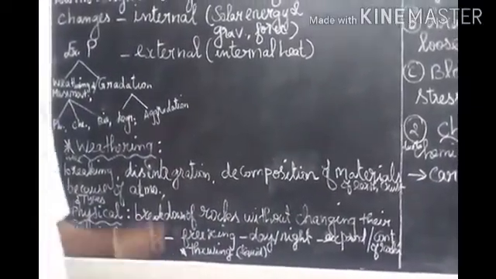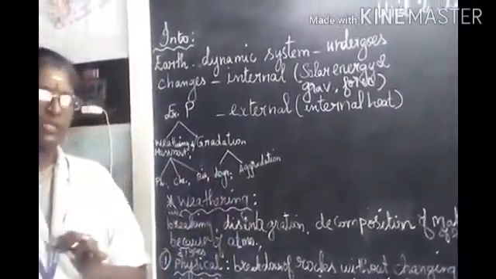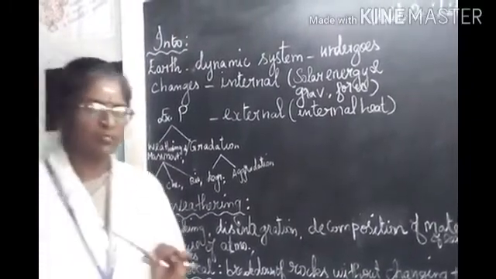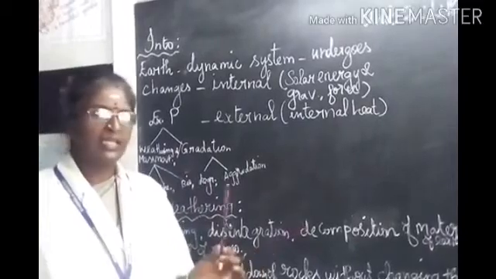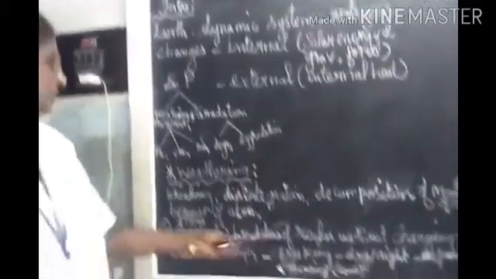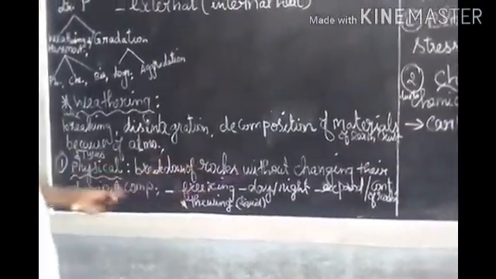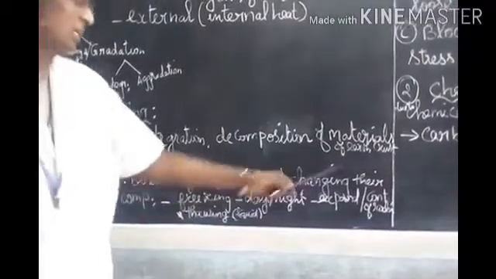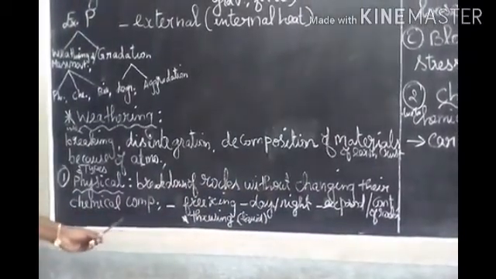For example, a rock contains 20% of iron, 20% of nickel, 20% of magnesium, 20% of coal. The percentage remains the same without any changes due to this physical weathering. That's the meaning of breaking down of rocks. So the rock is broken down without changing their chemical composition. There is no change in their chemical.